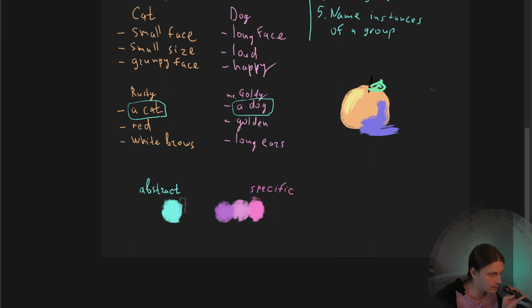Probably I would use this and this, and at this point we may use something like this. Let's mix all this stuff. So we have this spectrum from very specific to extremely abstract.